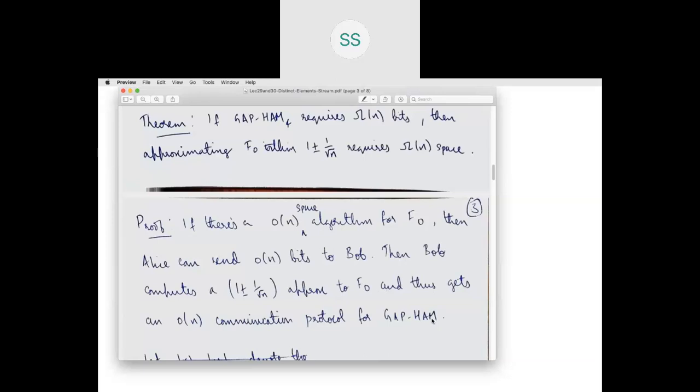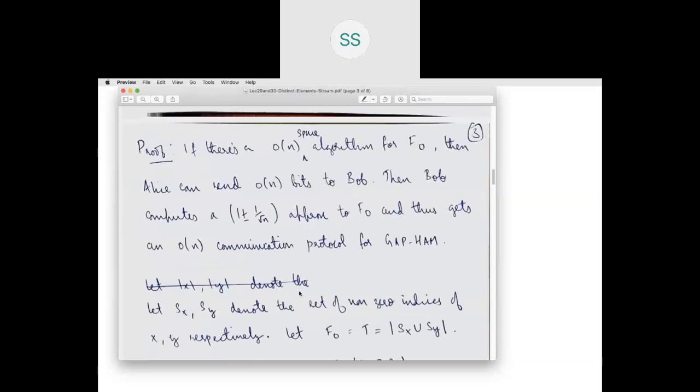All throughout, the only communication is just a one round communication from Alice to Bob, which was the space requirement of this f0 algorithm. So that is a little o of n, which means this is also little o of n, which is contradicting. We will see later that gap Hamming requires linear bits.